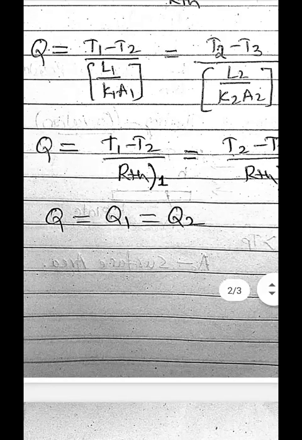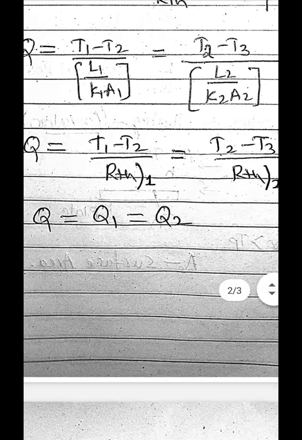The rate of heat transfer throughout the wall, or through each block, will remain constant. What this indicates is that the rate of heat transfer always remains the same in every block, either when you consider individual blocks or the entire composite wall. So Q is equal to T1 minus T2 divided by the resistance offered by the first wall, which is equal to T2 minus T3 divided by the resistance offered by the second wall.